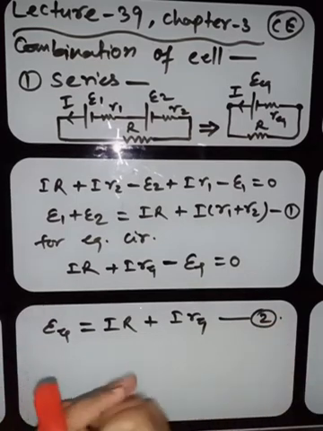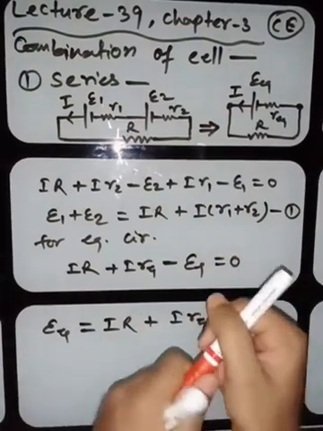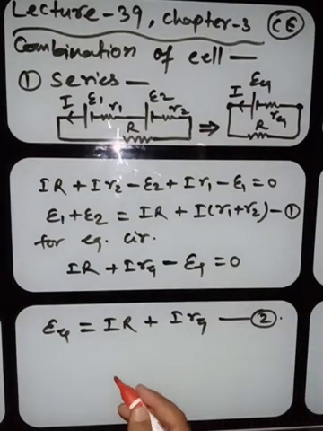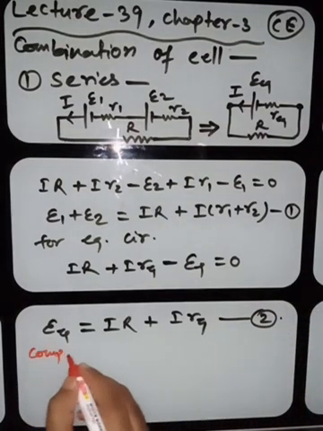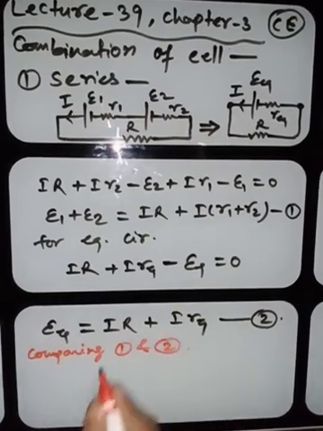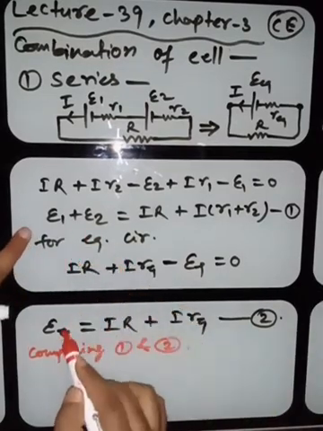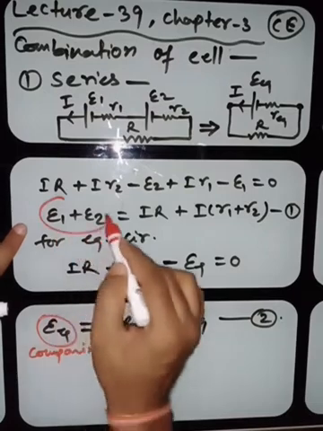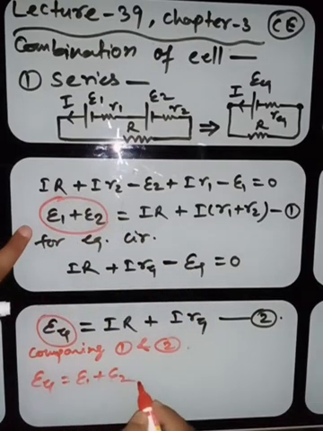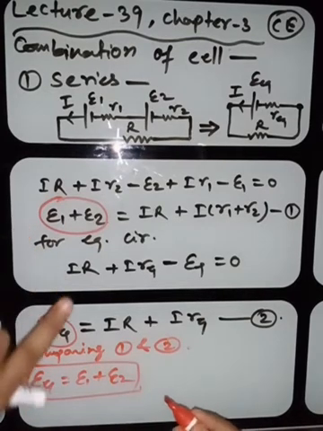Now compare equation 1 and 2, since both are similar because we have taken identical circuits. Comparing equations 1 and 2, we can see E equivalent is equal to E1 plus E2. In case of series, the equivalent EMF will be this one.